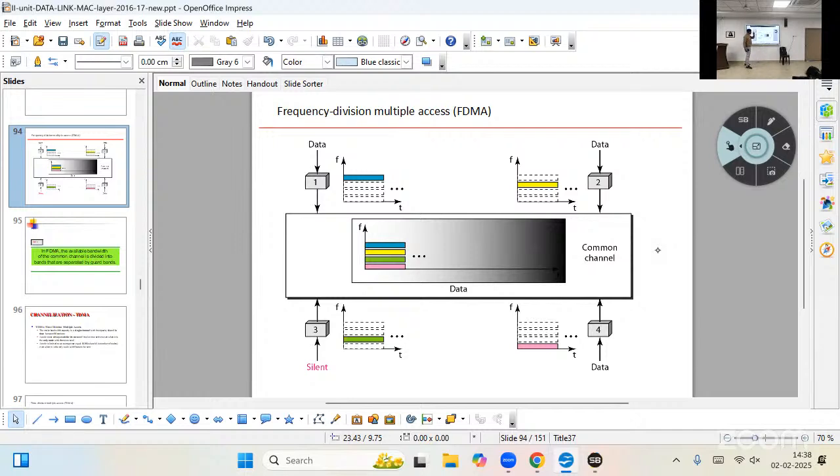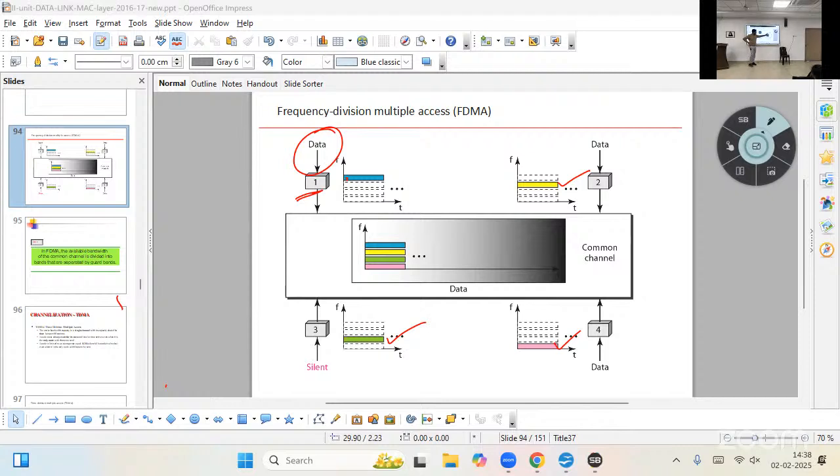See here, FDMA. Observe this diagram. Here first, the first frequency is there, and the first node transmits the data.